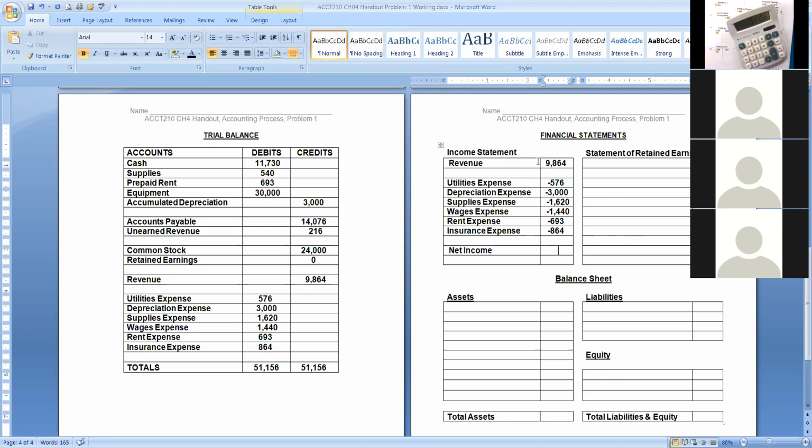Okay, so our net income will be the revenue minus all those. I think it's 1,671.98.